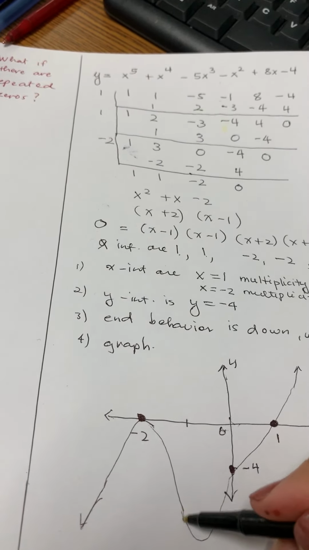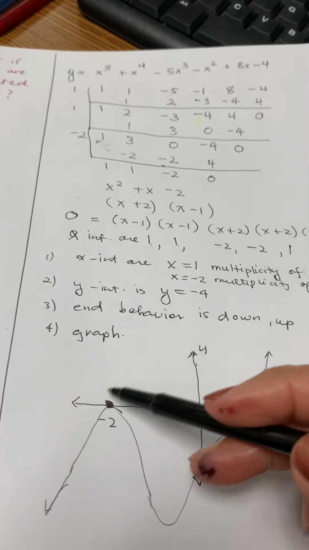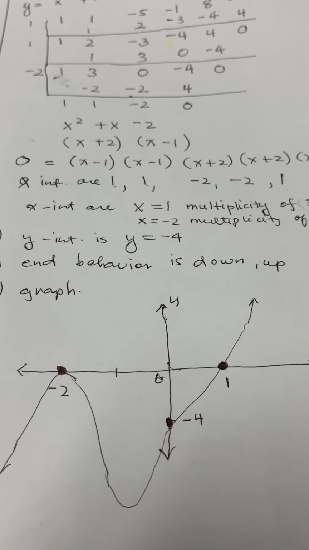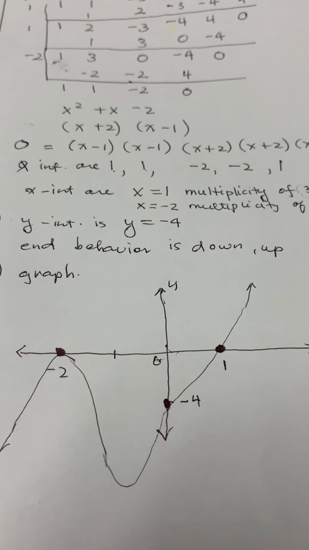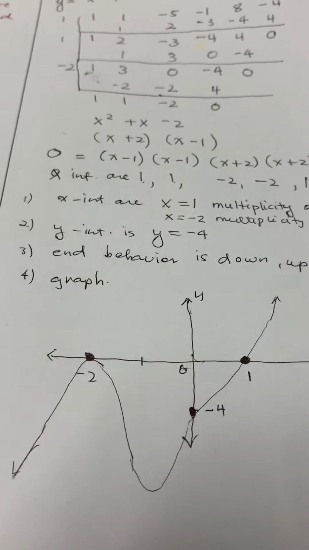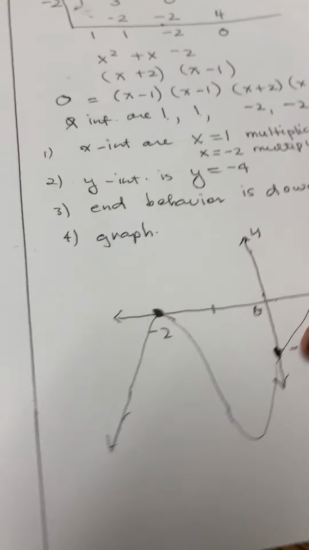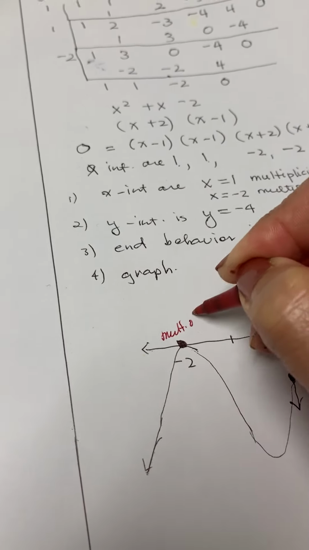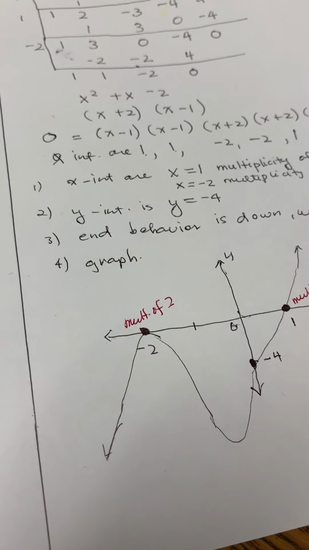So our takeaway here, the new lesson, is if the multiplicity is an even number, you do not cross. You just touch, or some students say you bounce. Because the multiplicity of -2 is 2, and this one has a multiplicity of 3.